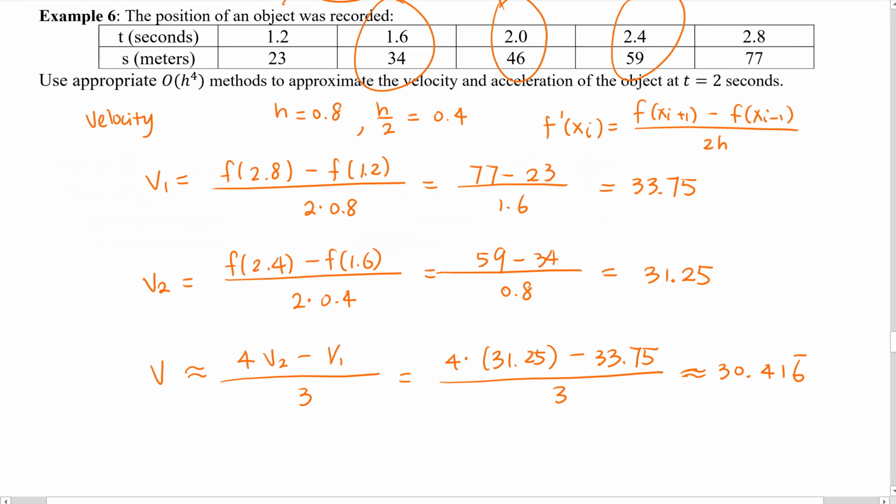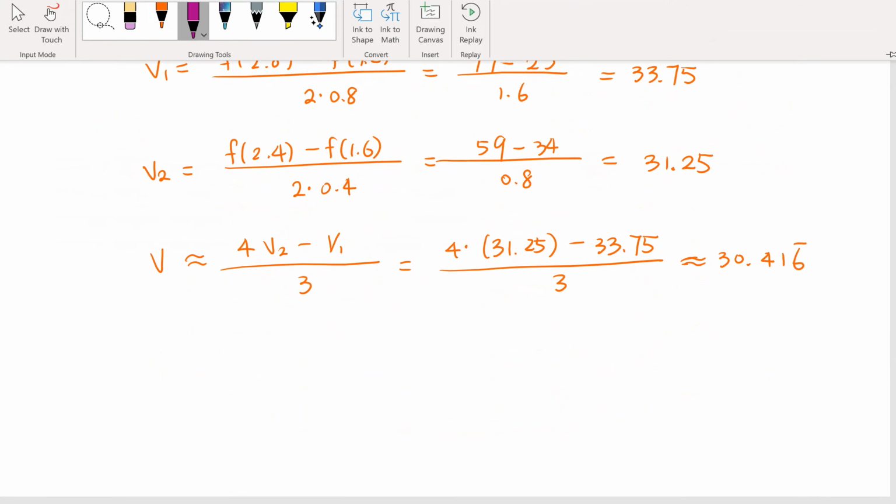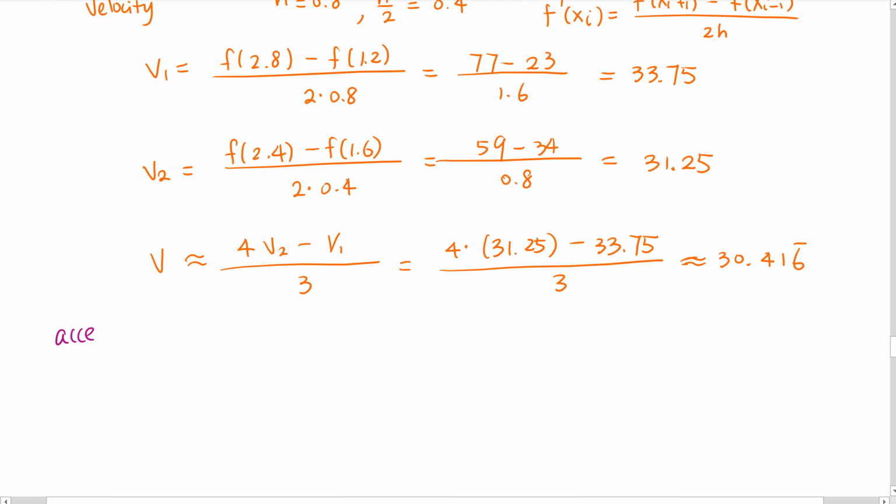Now, how do we find acceleration? Well, what is acceleration? Acceleration is the second derivative of the displacement, right? So for the second derivative, we need to look back at our formula.